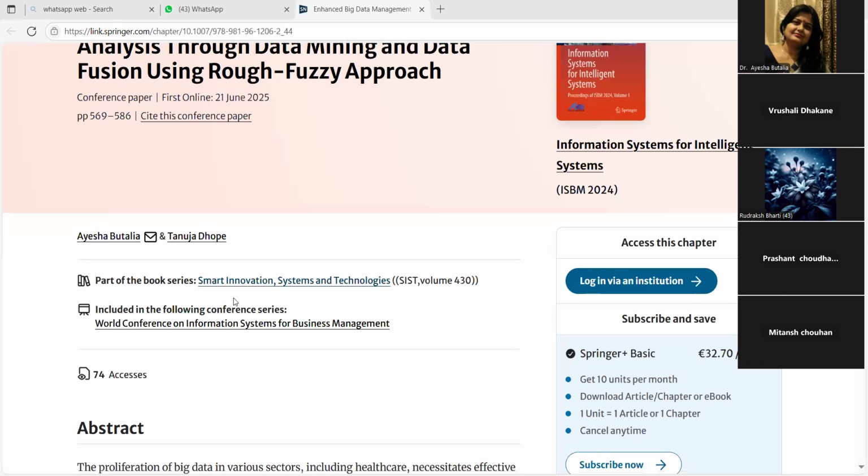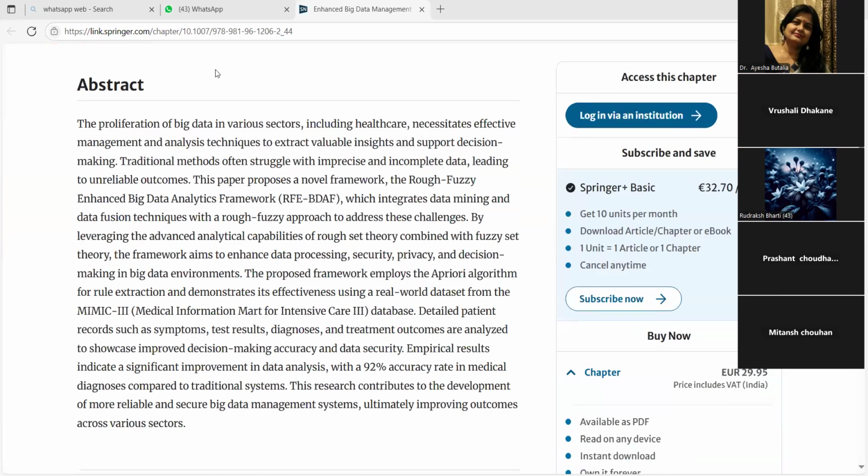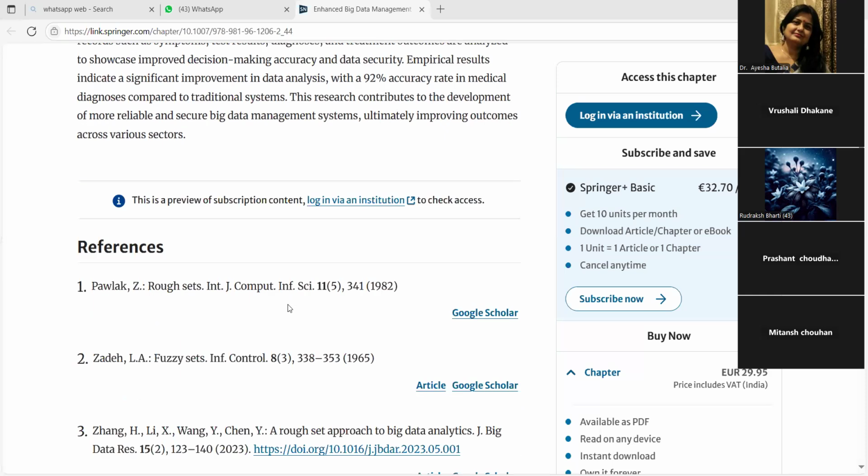As you can see here, we have the abstract of this paper. Whenever you submit a paper, the abstract is very, very important because your paper is selected on the basis of how impressive your abstract is, how well it is written. Even if somebody wants to read your published paper, they will not go through the entire paper.